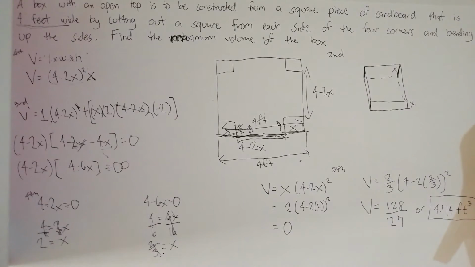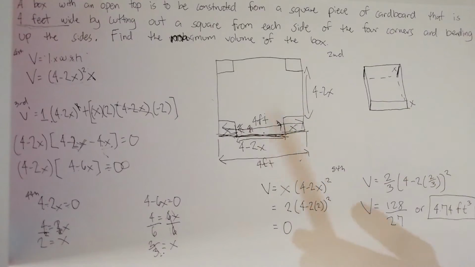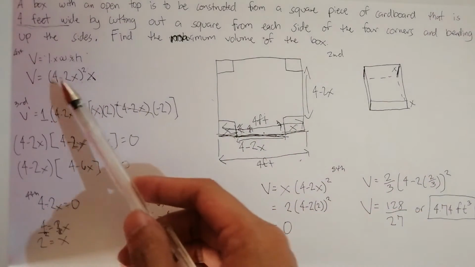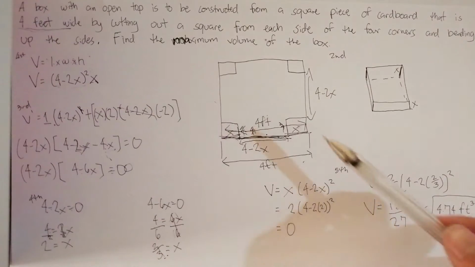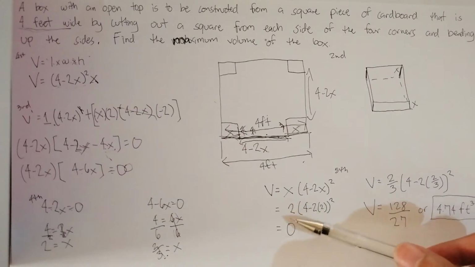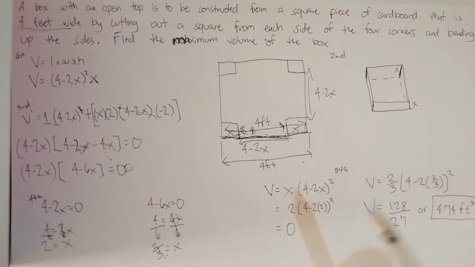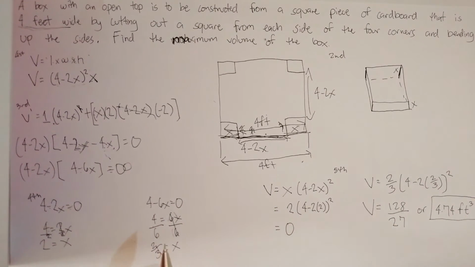Now to get the maximum volume of the box, we simply substitute into the original equation the values of x, which are 2 and 2/3.